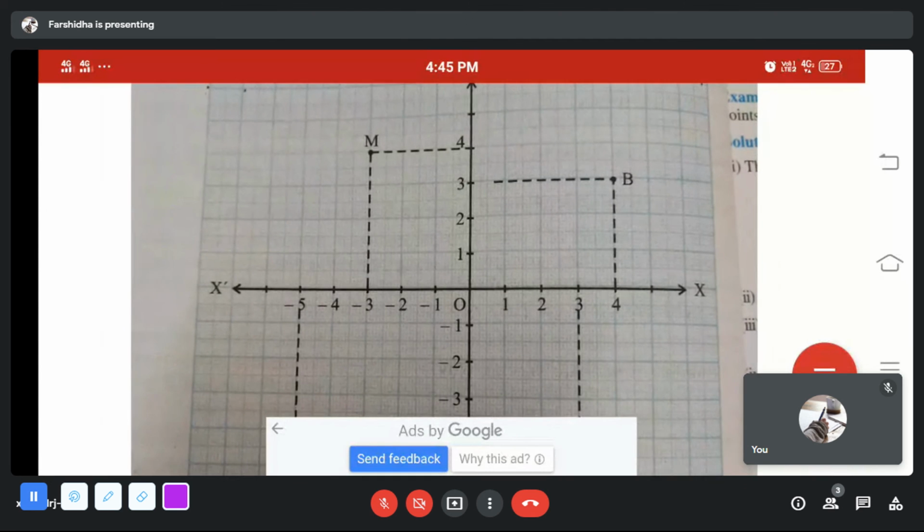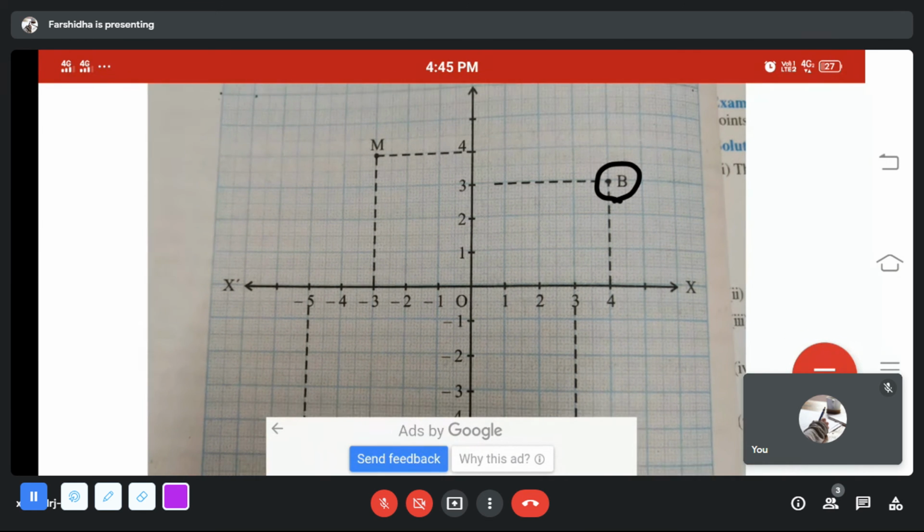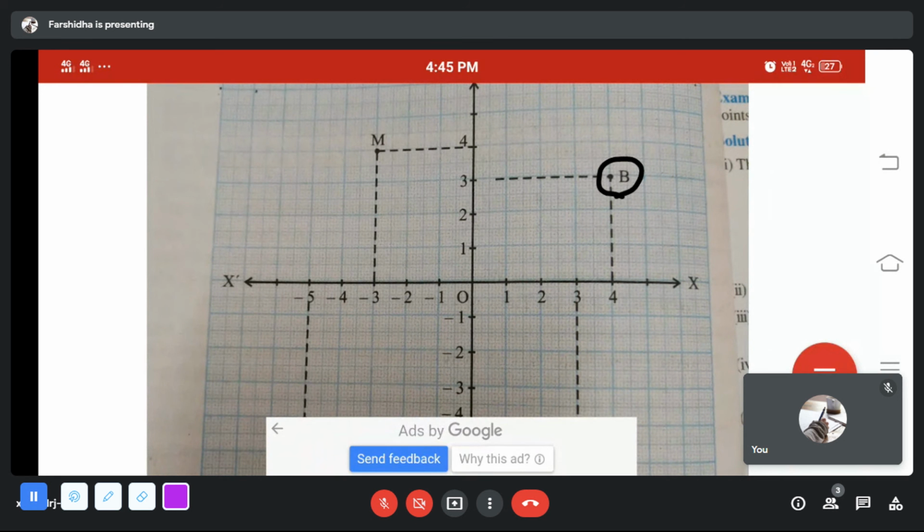So you need to see the figure and answer the following. First sub question is the abscissa and ordinate of the point B. Okay, this is the point B. You need to find the abscissa and ordinate. What is abscissa? Your x coordinate. And ordinate means your y coordinate. So what is the abscissa here?